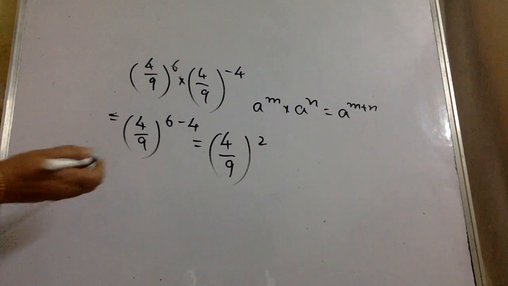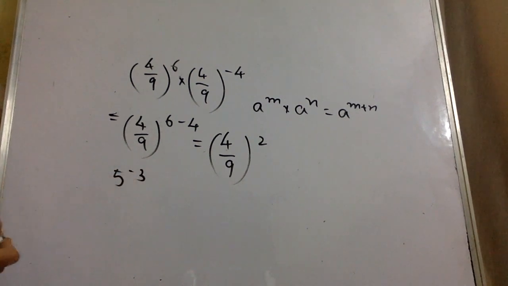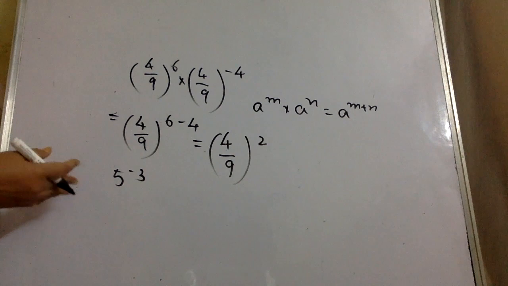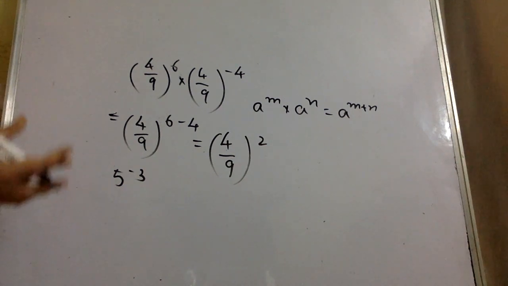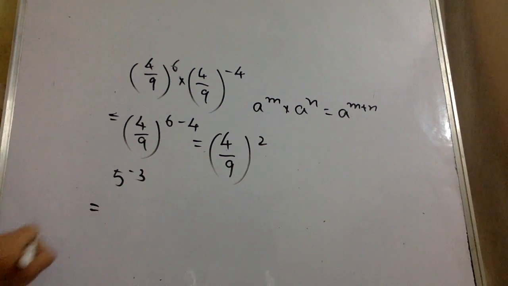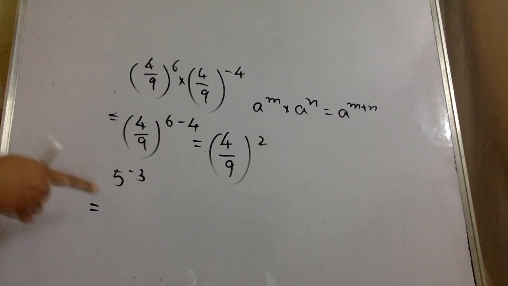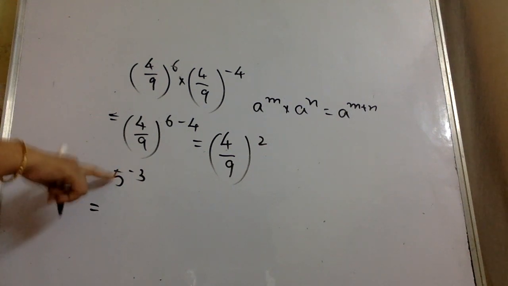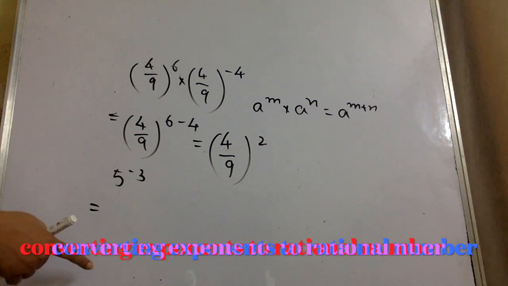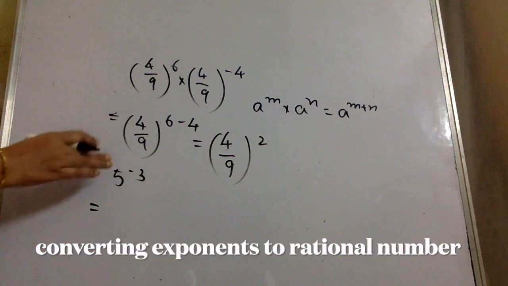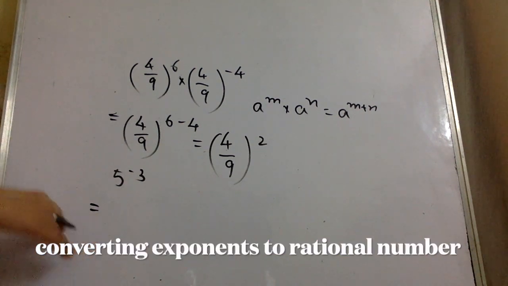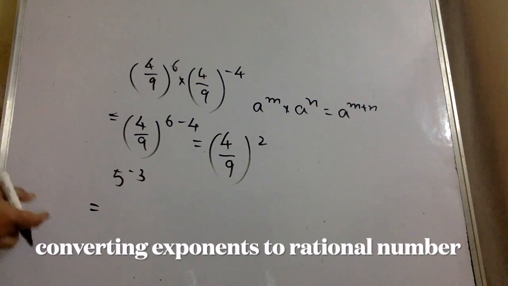Then 5^-3. This is a sum where they are telling you to write it in the form of a rational number. Here we know that if we take the exponential number from the numerator to the denominator, we'll get a change in the sign of the power.